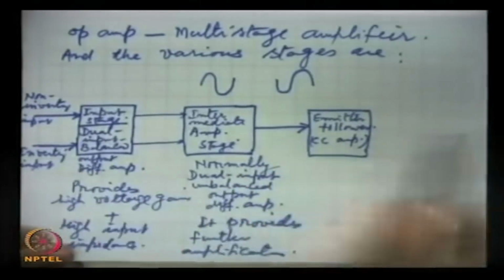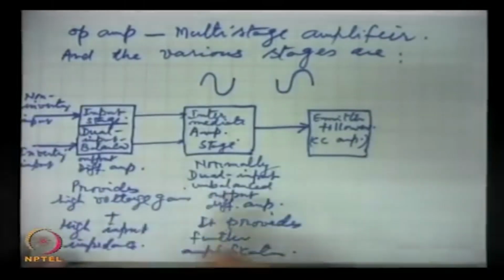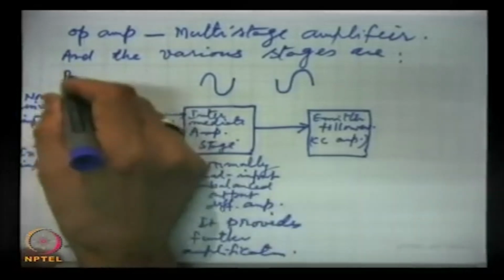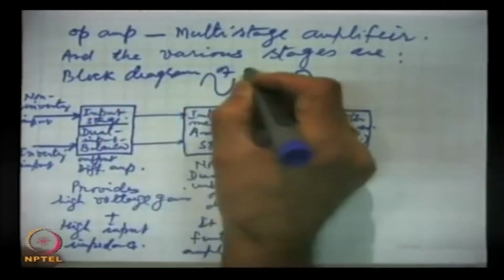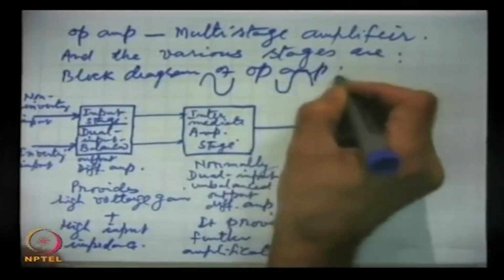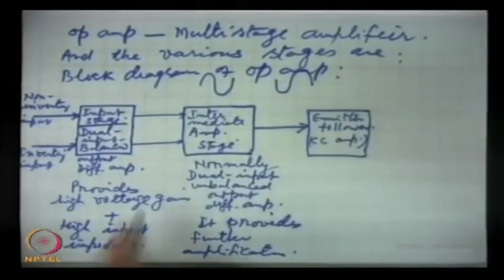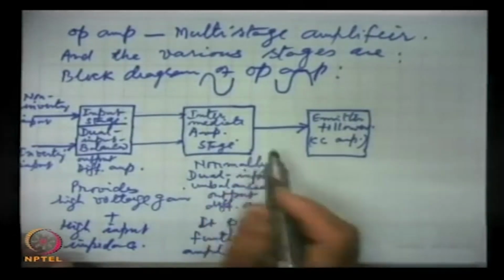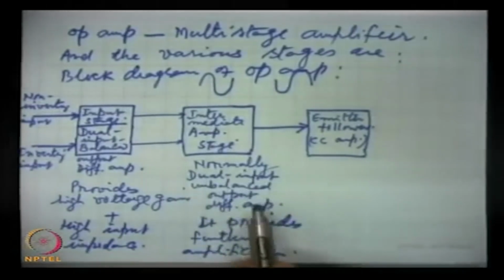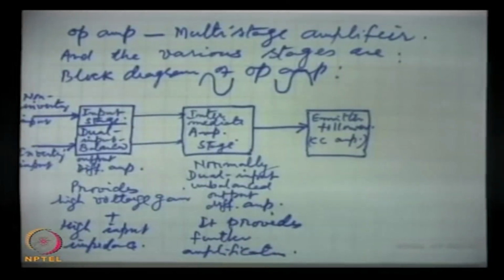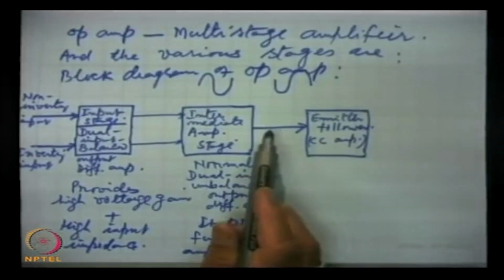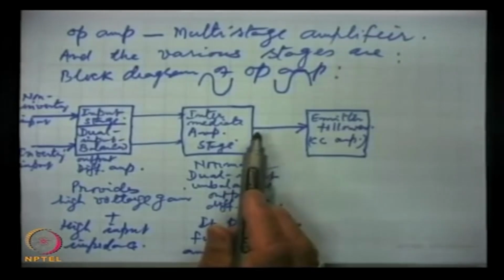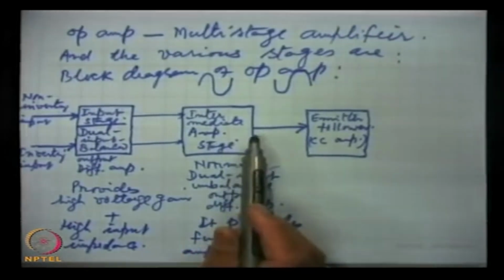Because all this we are talking about the block diagram, this is the block diagram of the op-amp. The various stages of the op-amp are these. So, if you remember, in the unbalanced output differential amplifier, we said that because direct coupling is used, the output will contain AC as well as DC voltages. So, it will have DC as well.